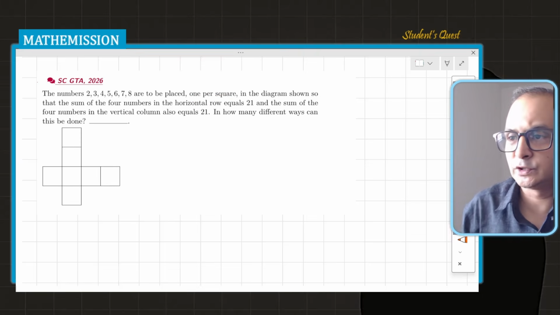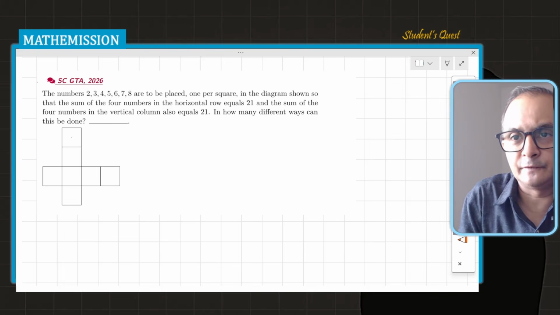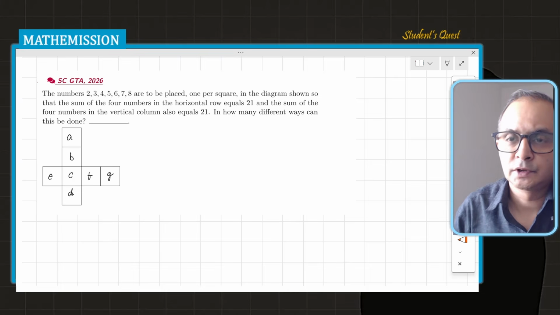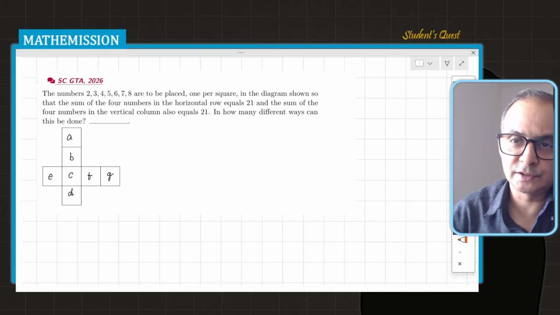Let's see. Suppose I have A, B, C and D, and let's say this is E, F and G. So in that way we have occupied all the digits we are provided.